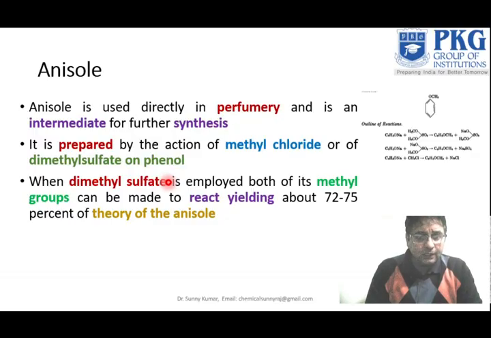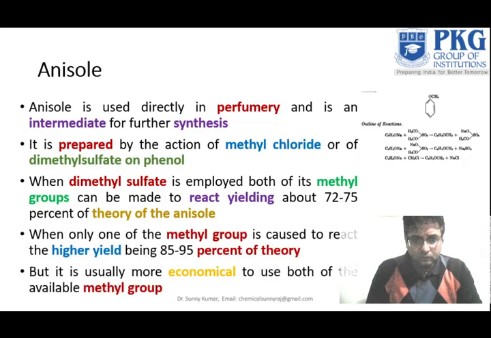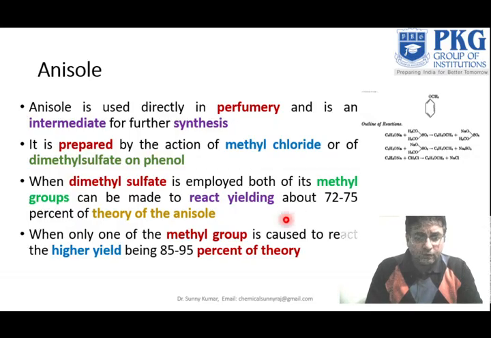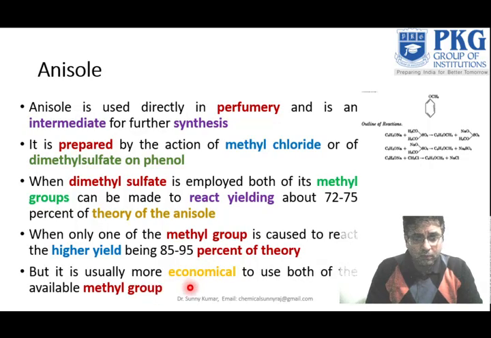When dimethyl sulfate is employed, both of its methyl groups can be made to react, yielding about 72 to 75% of theory of the anisole. When only one of the methyl groups is caused to react, the yield is higher, 85 to 95 percent of theory, but it is usually more economical to use both of the available methyl groups.